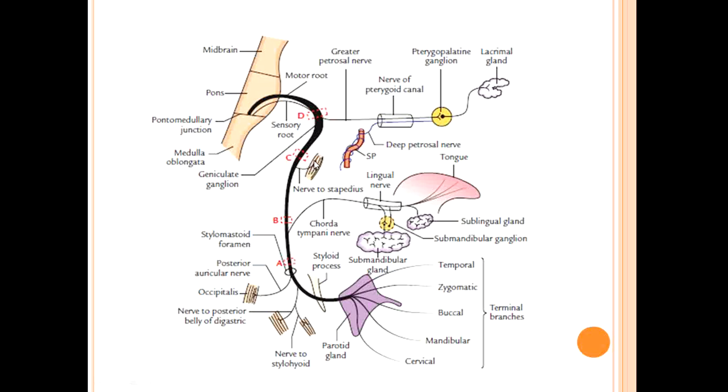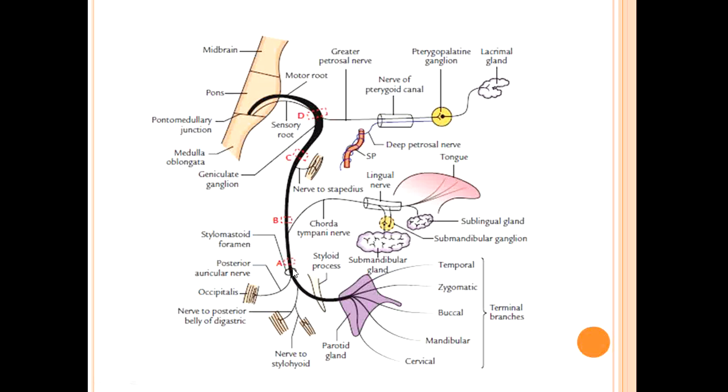Okay, I have already told you about the stapedius. Then when it is reaching the infratemporal fossa, it is giving a branch, that is chorda tympani. Okay, so this chorda tympani will go and join here and supply the submandibular gland and sublingual gland, and it will also carry the taste sensation from the anterior two-thirds of the tongue.